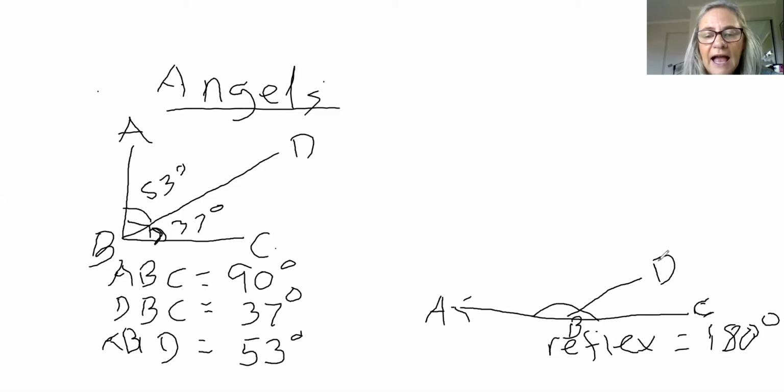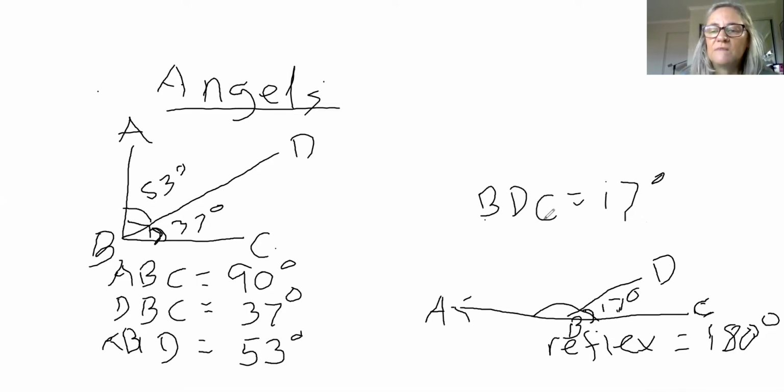So we've got A, B, C, and D. Now, if we look at the angle between D, B, C, we're going to put a 17 in there, right? 17 degrees. D, B, C, so I'll put that up here. D, B, C equals 17 degrees.